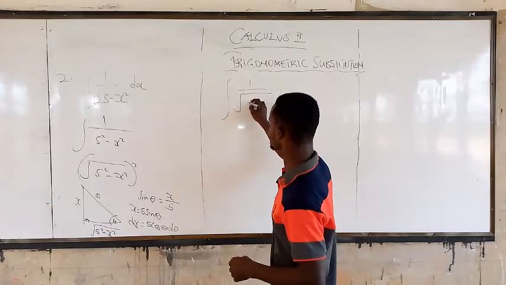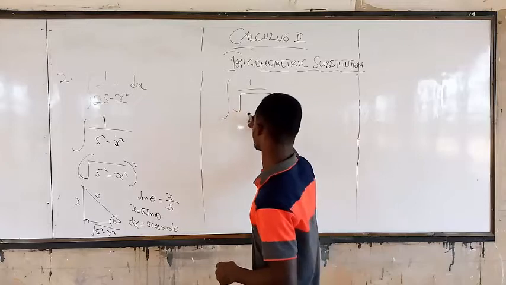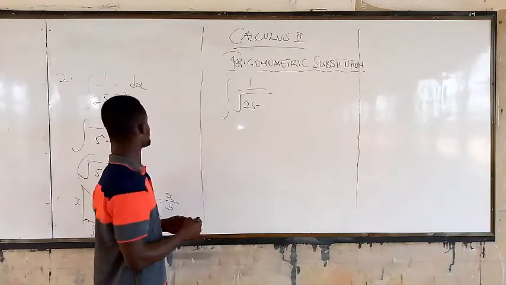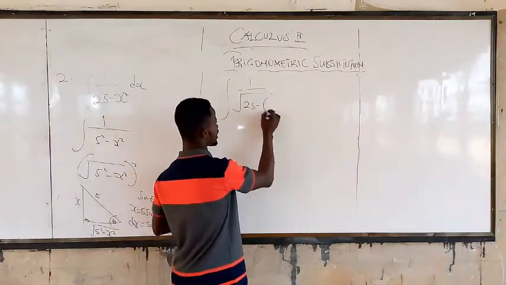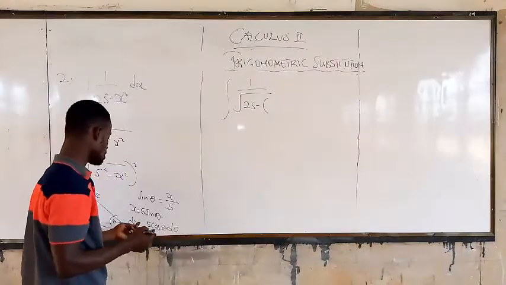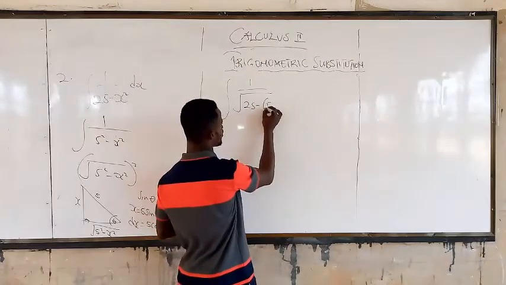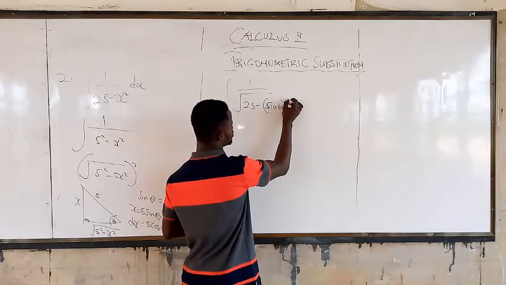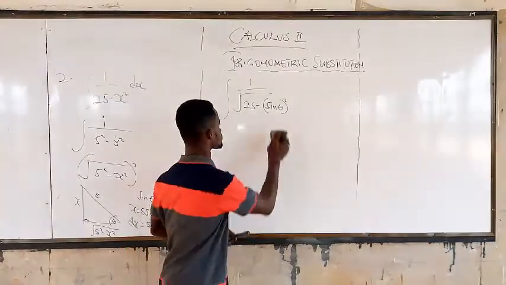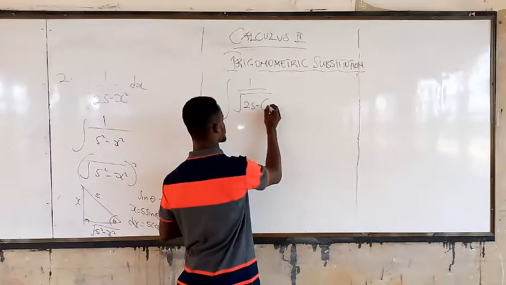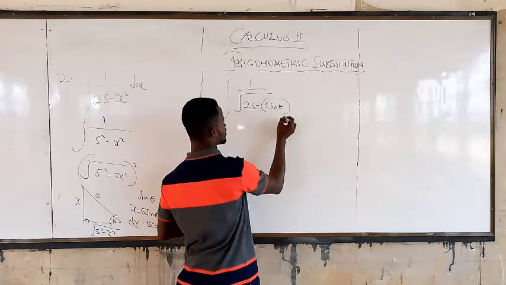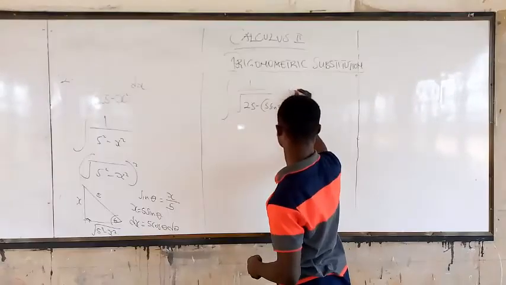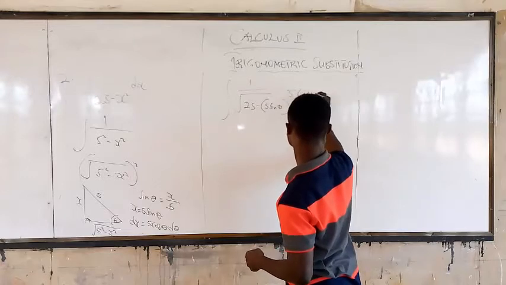So here we get 25 minus the x squared, and the x is 5 sine theta, 5 sine theta squared. And the dx here is going to be 5 cos theta d theta.